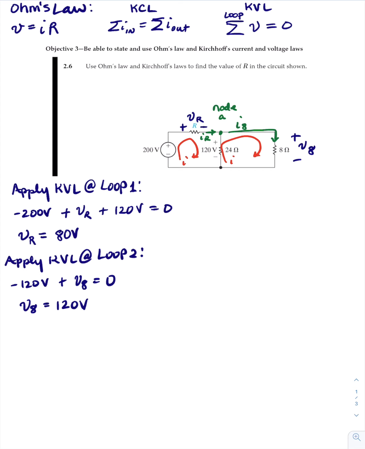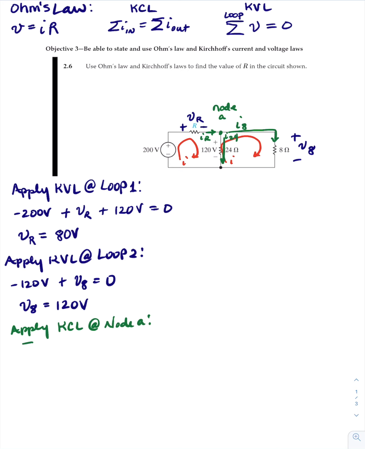Across this resistor, we have a current, which I'll call I sub 24. Okay, so apply KCL at node A.